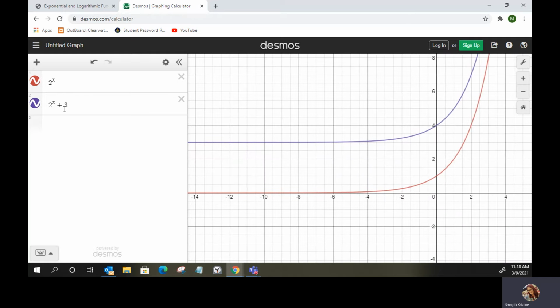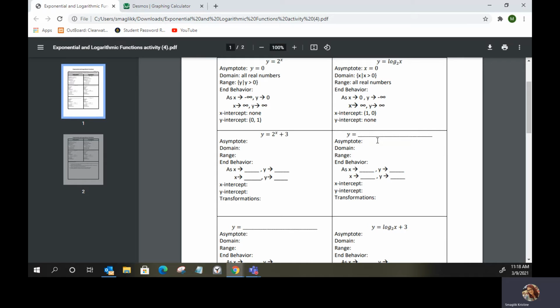Now let's take a look at this guy. I'm going to move that one out. And we're going to go into looking at the inverse. Now this inverse, I'm not going to do it on the video, but again, switch your x and your y. So you would have x equals 2 raised to the y plus 3.